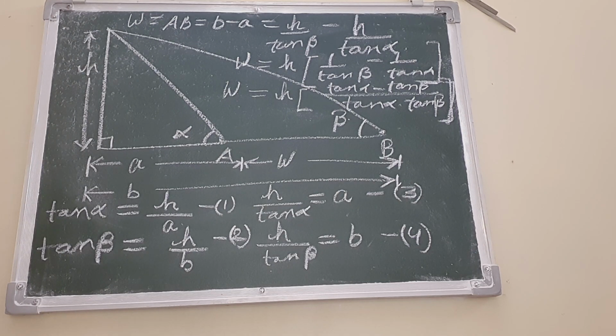So I think you all might have understood this question. We are going to understand this question once more. Suppose there is a building which has a height h, and at one end of the road there is a point A which subtends an angle of alpha and is at a distance of a from the foot of the building.